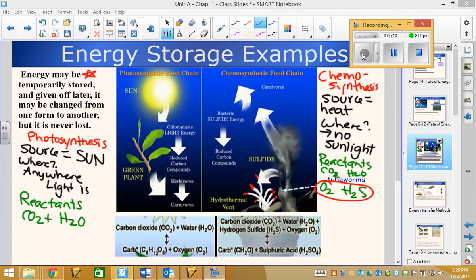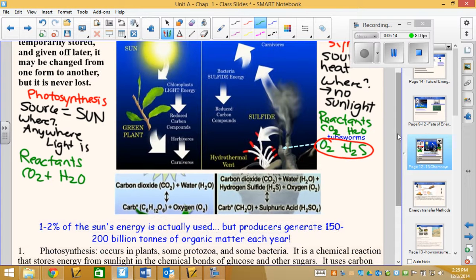What this means is that the products are slightly different as well. In photosynthesis, one of the goals is to produce oxygen. But in chemosynthesis, that's not the goal. In chemosynthesis, what are we going to produce? We are going to produce a carb. It doesn't necessarily have to be glucose, but some form of carbohydrate will be produced.